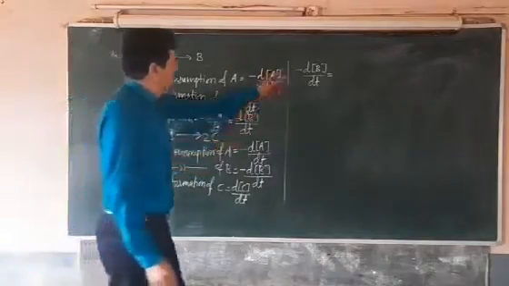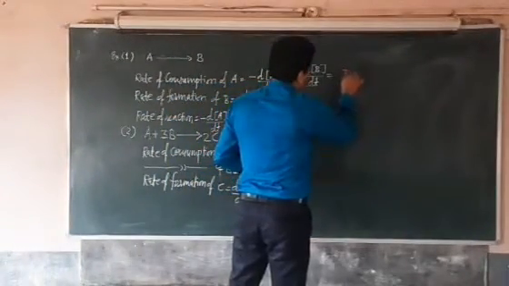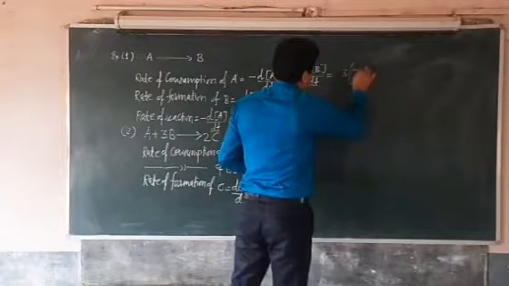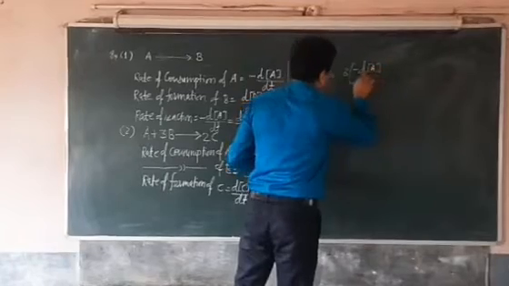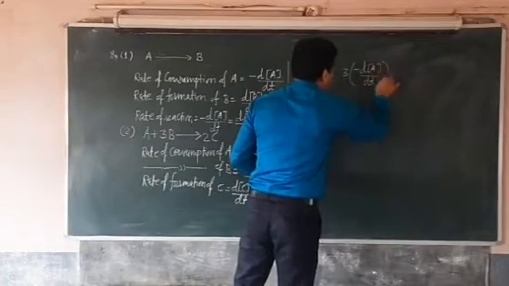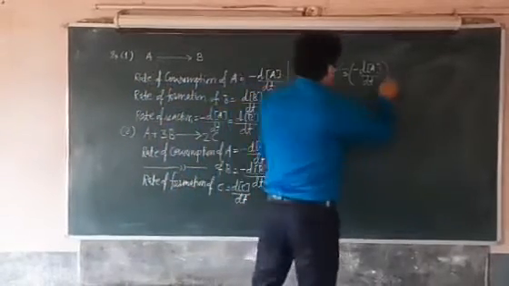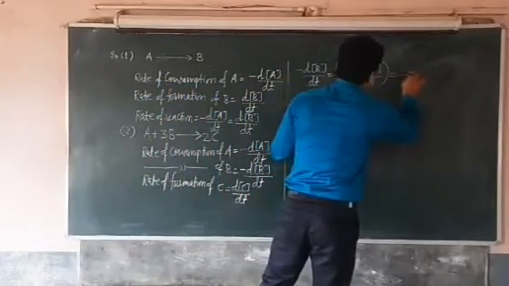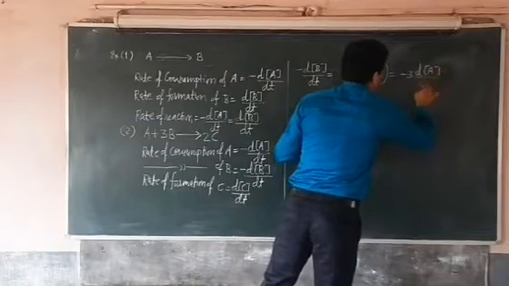Here the rate of consumption of B will be 3 times the rate of consumption of A. Means minus dB by dt will be equal to minus 3 dA by dt.